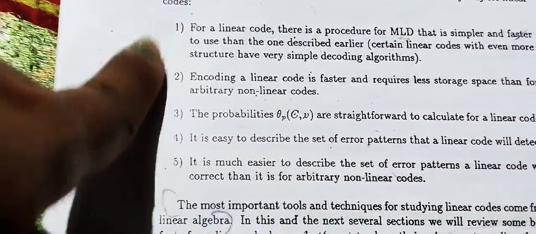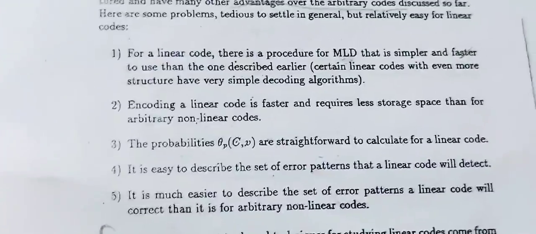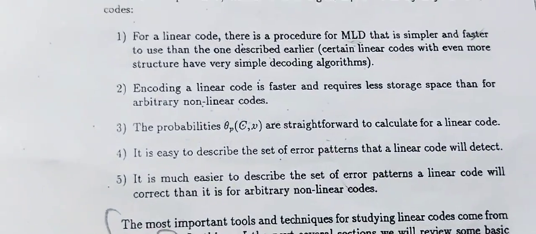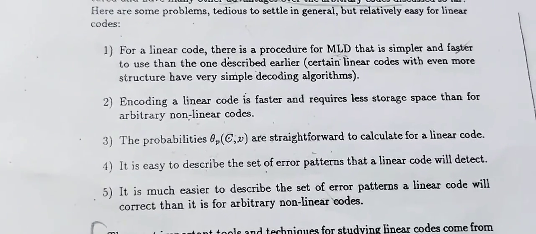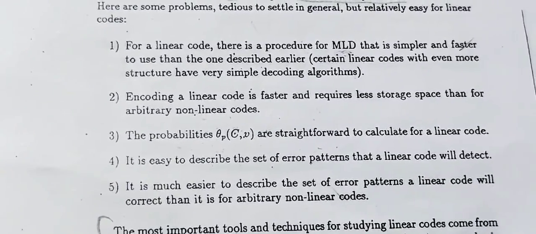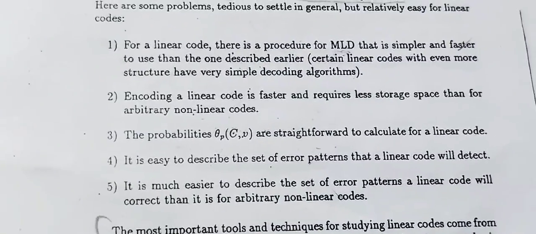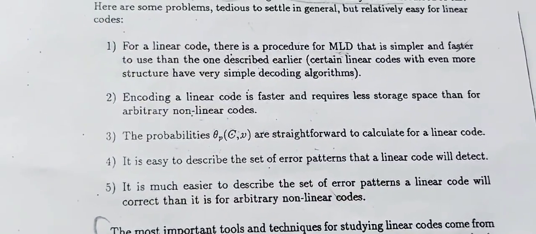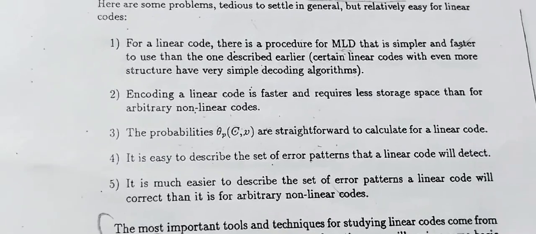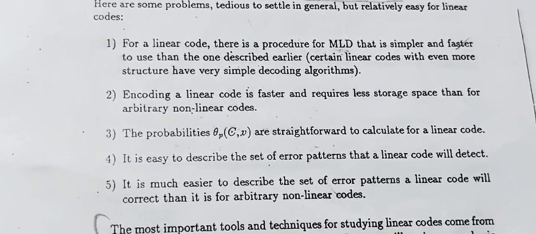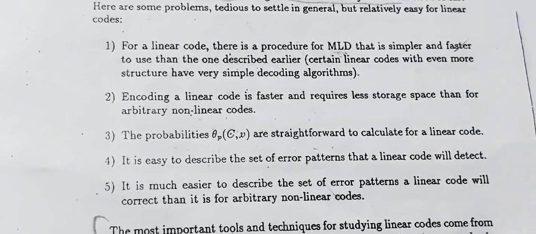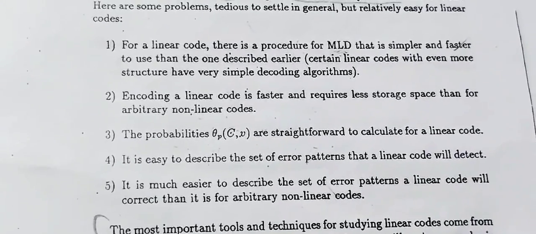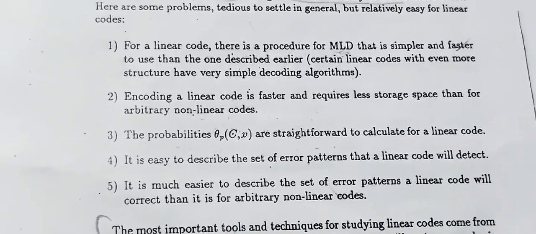Here 1 to 5 are the advantages of linear codes. First one, for a linear code there is a procedure for MLD that is simpler and faster to use than the one described earlier. Second one is encoding a linear code is faster. It's very fast and requires less storage space than for arbitrary non-linear codes. And the probability of error or correction is straightforward to calculate, so easy to calculate.